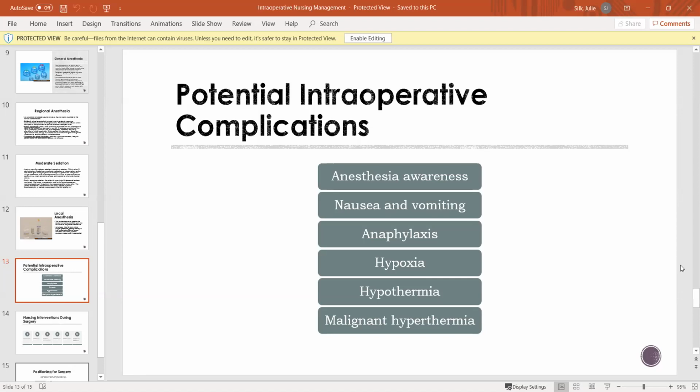Anaphylaxis is another thing. Anytime the patient comes into contact with a foreign substance, there's a potential for an anaphylactic reaction. Even surgical glue can sometimes do this. Surgical nurses need to monitor for signs like shortness of breath, wheezing, hives, swelling, any of that kind of stuff.